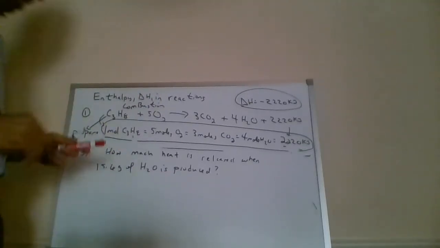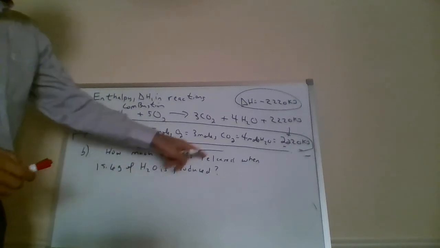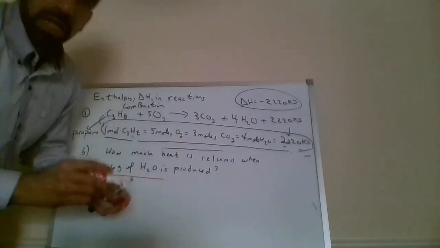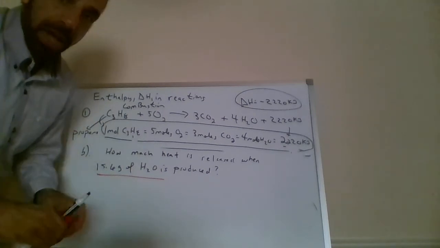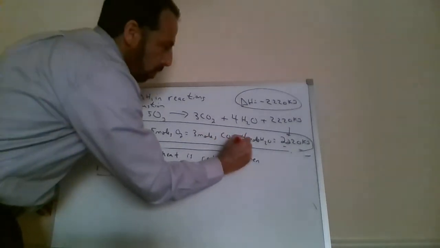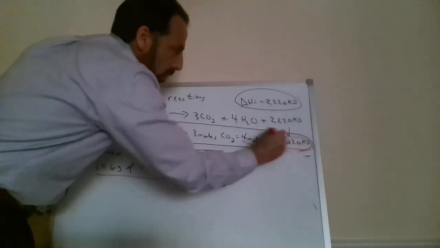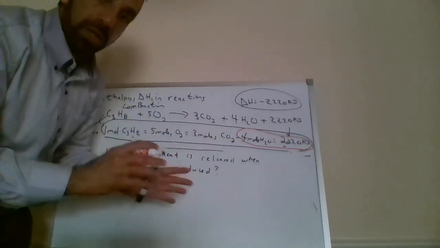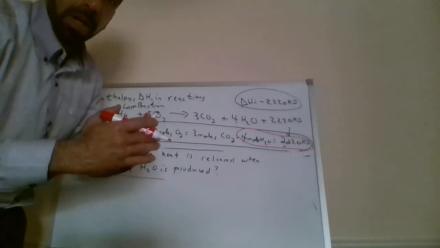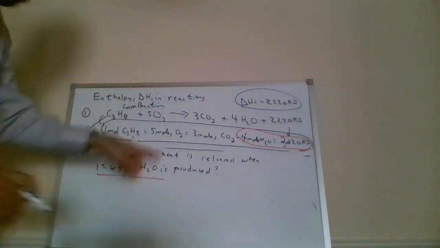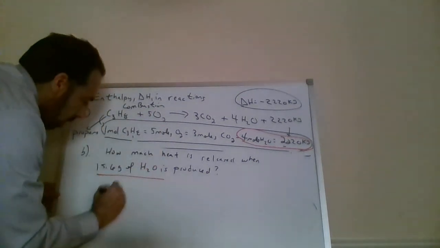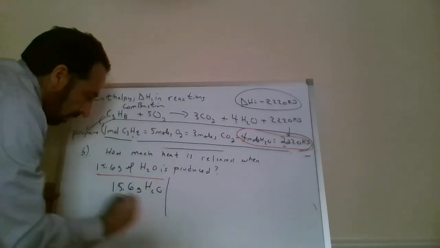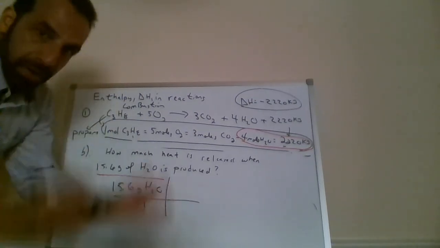So in the second part of this, we said how much heat is released when 15.6 grams of water is produced. So again, I go back to stoichiometry. I know that 4 moles of water, if that gets produced, it's going to produce 2,220 kilojoules of energy. So again, it's a stoichiometric ratio again. So I write down what's given, 15 grams of water. For all these, convert to moles.